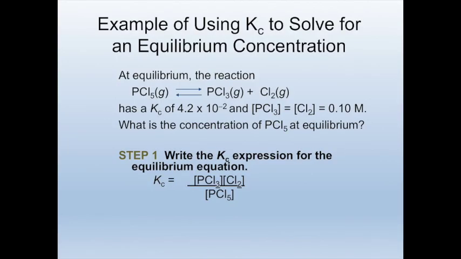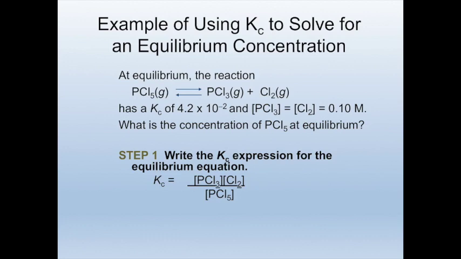So, examples. At equilibrium, the reaction phosphorus pentachloride going to phosphorus trichloride and chlorine gas has a Kc value of 4.2 times 10 to the minus 2. And we also are given the concentrations of phosphorus trichloride and chlorine gas, which are equal to each other at 0.1 molar.